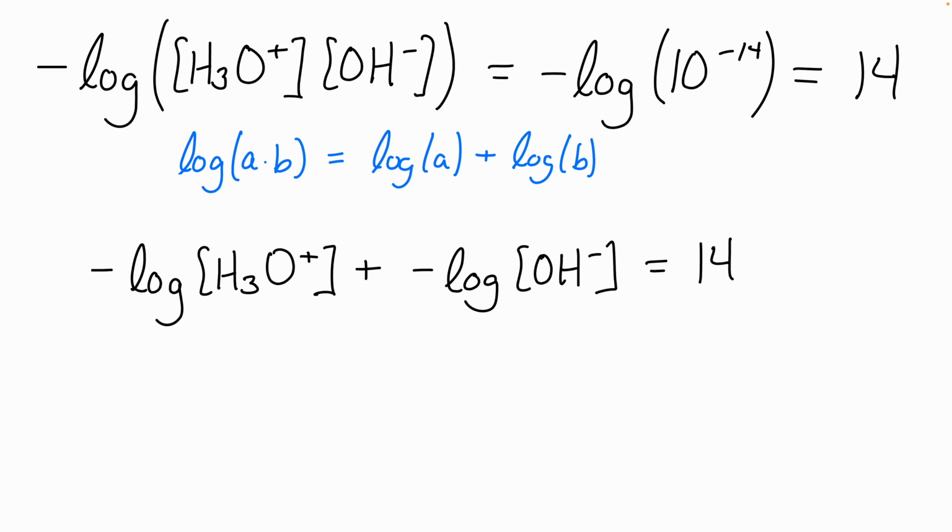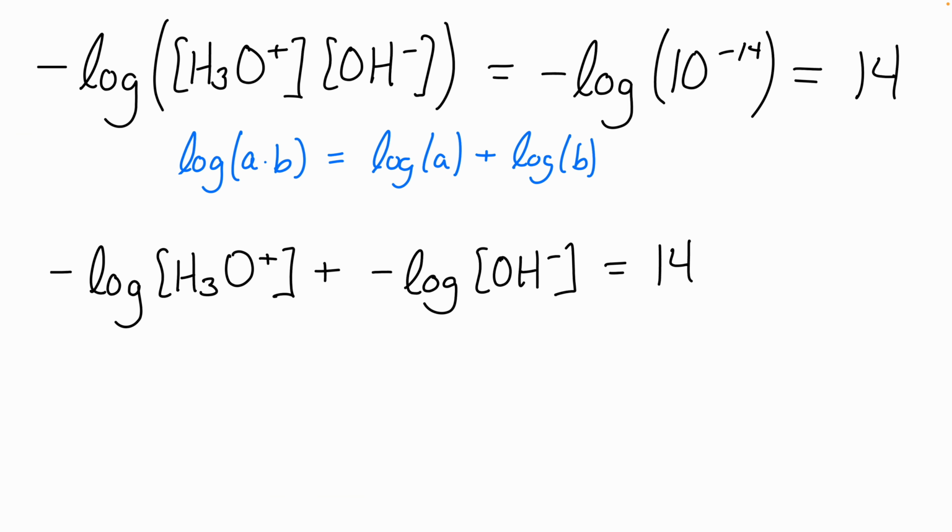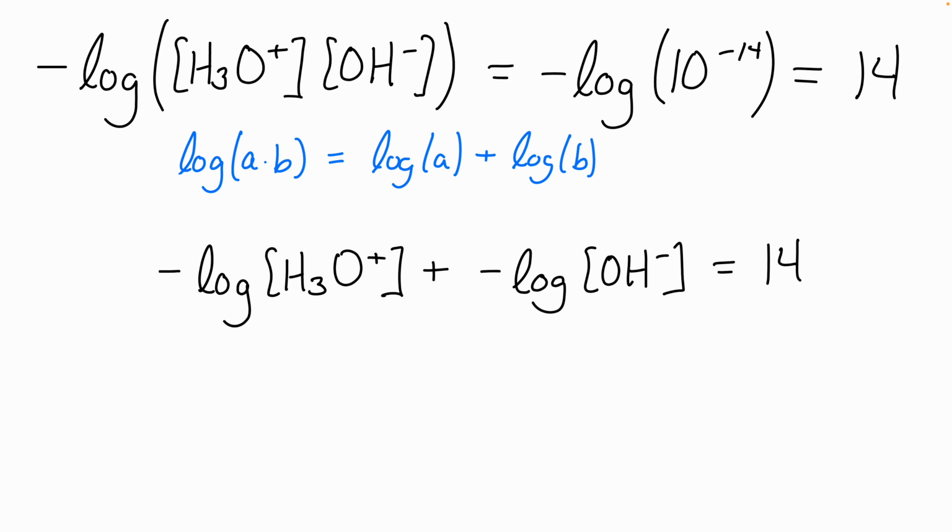All right, negative log of hydronium plus negative log of hydroxide. Well, we got a fancy name for one of these two, right? What do we call the negative log of the hydronium ion concentration? The pH. So this thing here is just our pH. And so the negative log of the hydroxide ion concentration we're going to call the pOH.